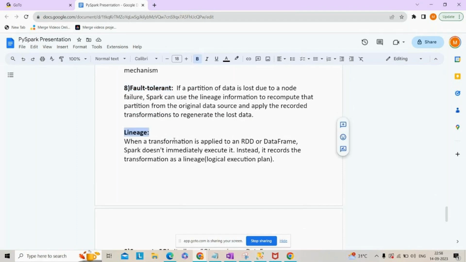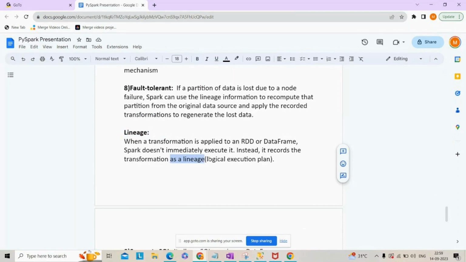Next, fault tolerant. Before talking on fault tolerant, first discuss lineage. When a transformation is applied to an RDD or data frame, we know that Spark doesn't execute the transformation immediately. Instead, it records the transformation as a lineage.